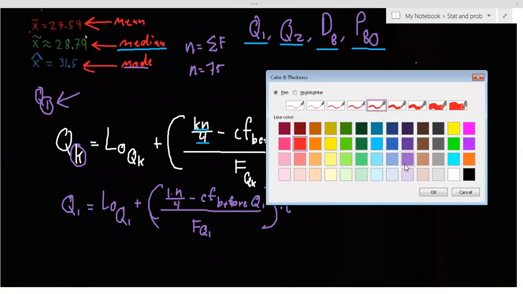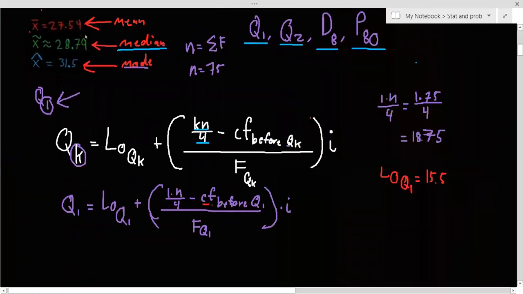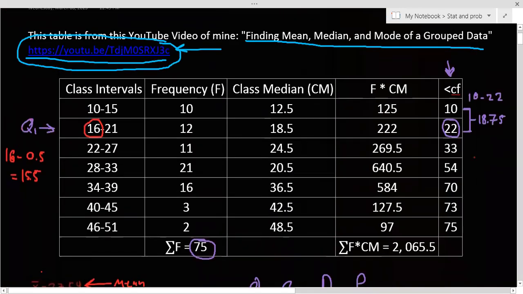Next. Ngayon, ang susunod natin gagawin is we need to find the CF before the first quartile or cumulative frequency before the first quartile. So punta tayo dito sa column na to. Cumulative frequency. Okay, dito sa column na to. So anong pinili natin na cumulative frequency para kay quartile? Diba si 22, right? So yan yung CF para kay Q1 or first quartile.